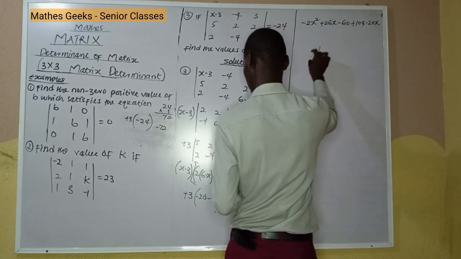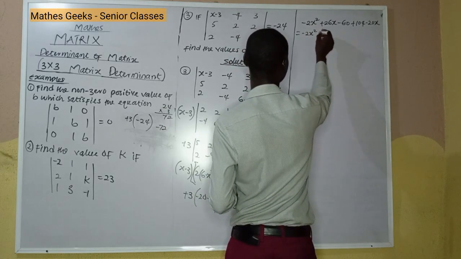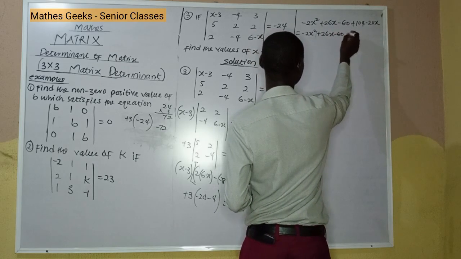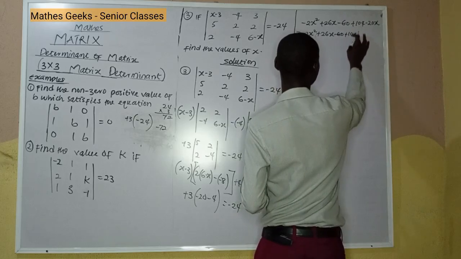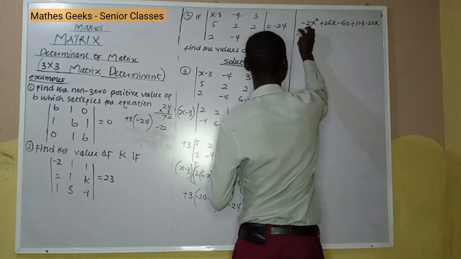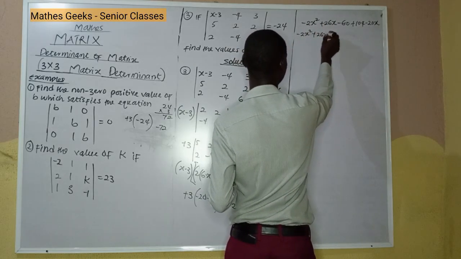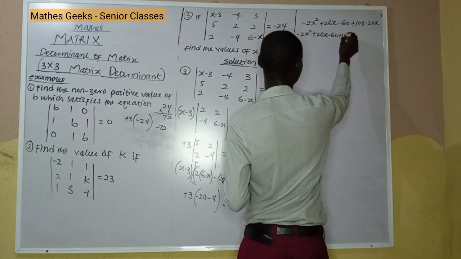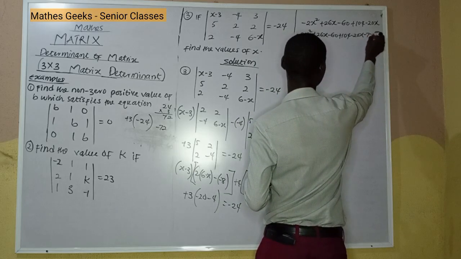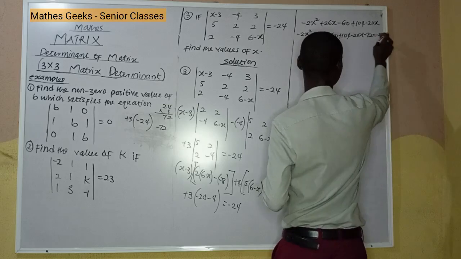We will write it again. Minus 2x squared plus 26x minus 60 plus 104 minus 20x minus 72 equals minus 24.